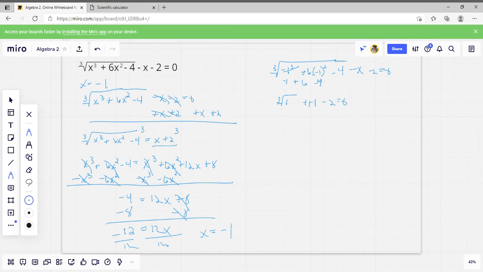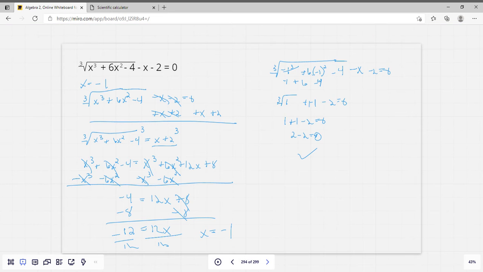That would mean the third root of 1 is 1, plus 1 minus 2 equals 0. 1 plus 1 is 2, minus 2 equals 0. Yes, so that comes out right. It does work. So the answer is negative 1.